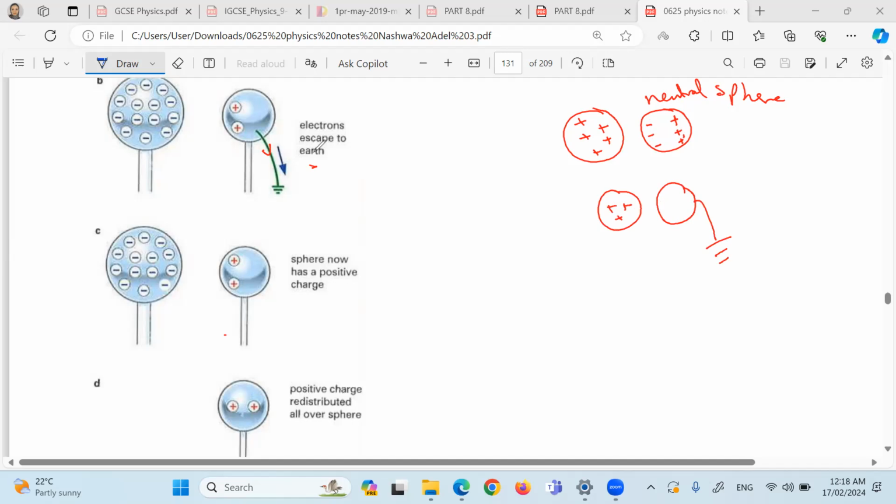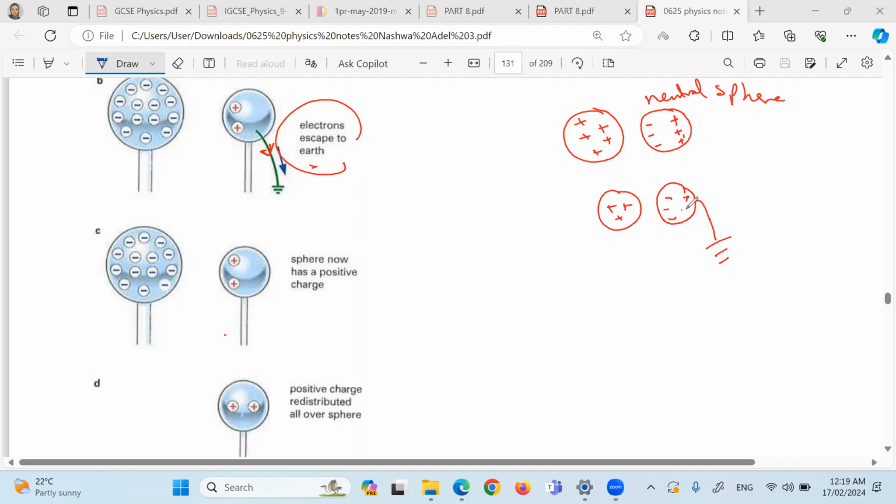Okay, when we were here we said that the electrons flow through the earth wire, going down. But here we don't have free electrons. I have electrons here and ions here. Well, ions will not flow through the earth wire.